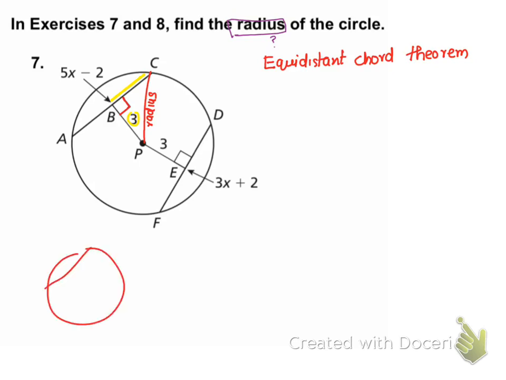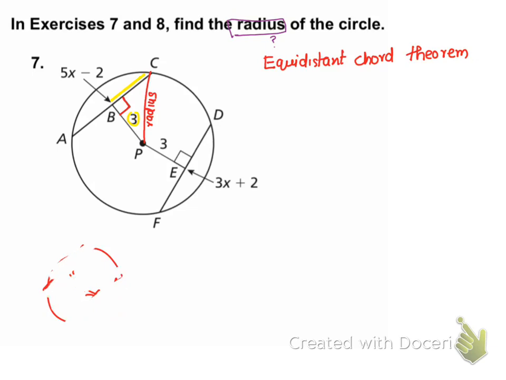If they're two chords and they're equidistant from the center, then this is going to be the same as this one. Or if these two are the same, then they're going to be equidistant. So that we have to apply here.